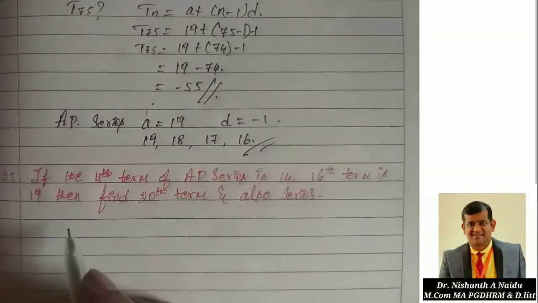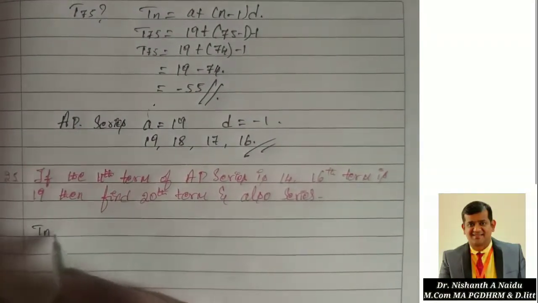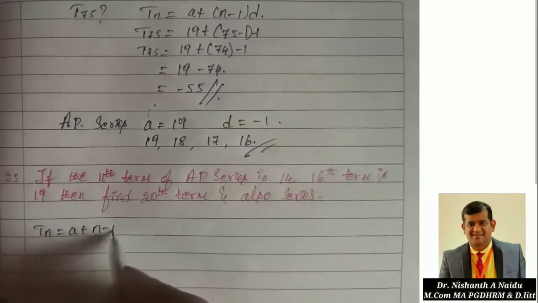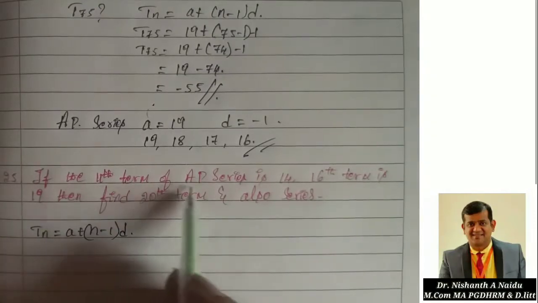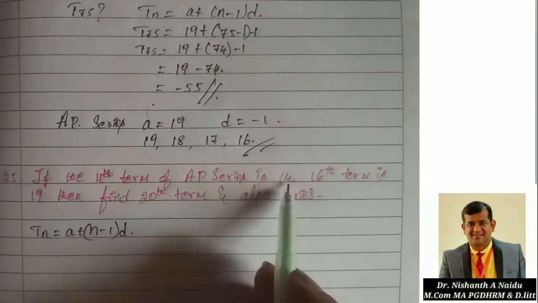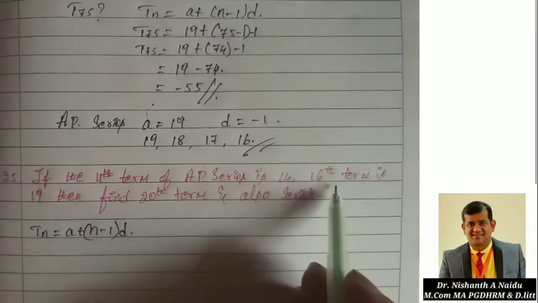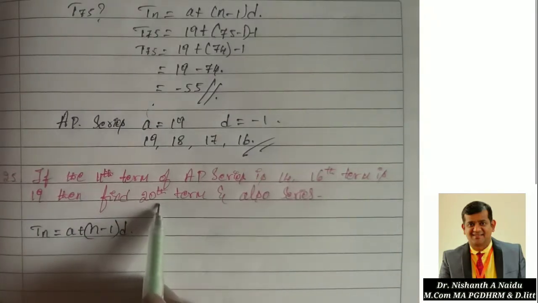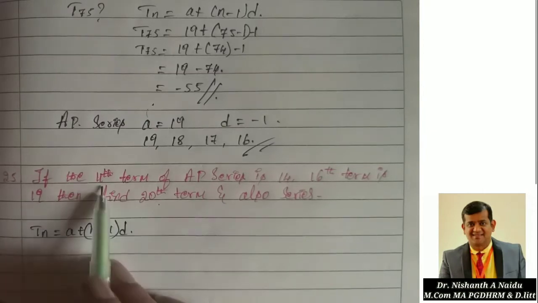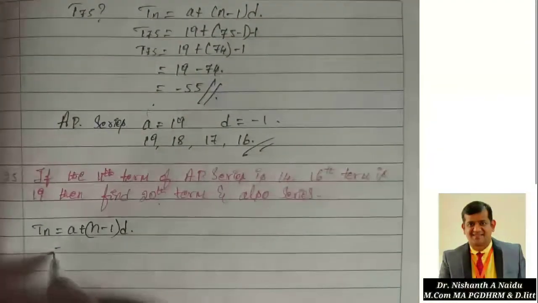You know, right? Let us form an equation. Tn equals a plus n minus 1 into d. The first one is the 11th term of the AP series is 14, and the second one, the 16th term, is 19. Then find the 20th.